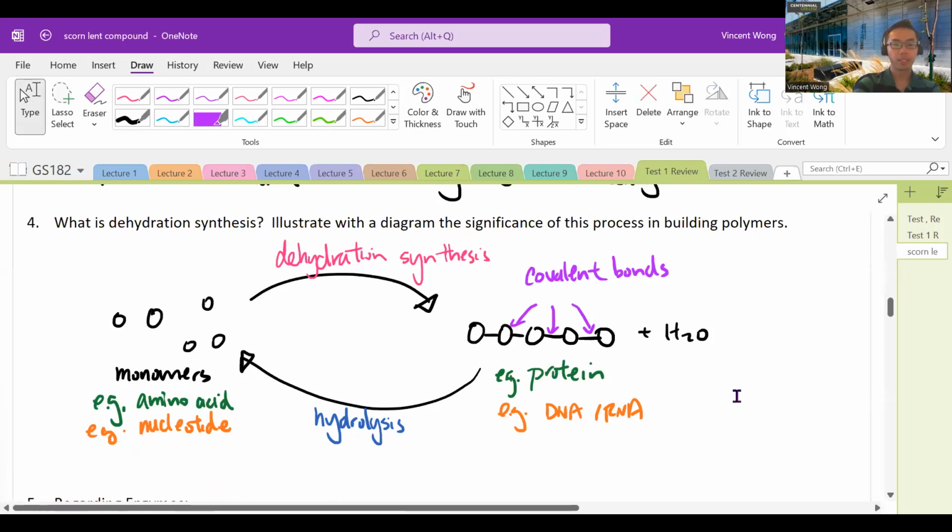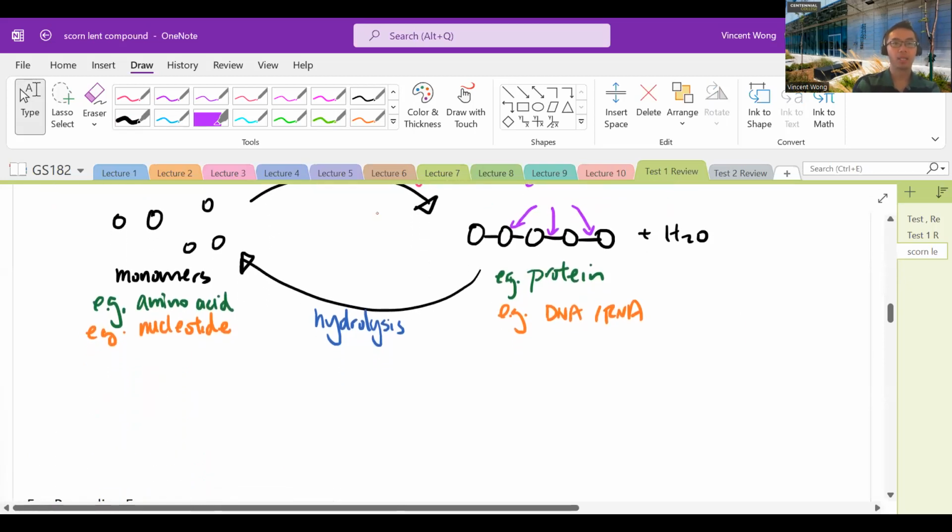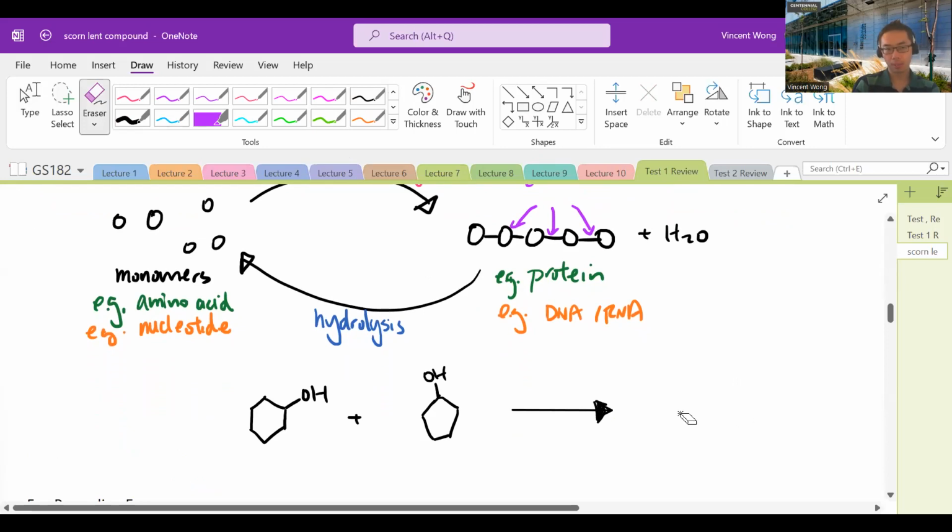All right, and we did a question in lecture 2, right? If I have, let's say, a 6 carbon ring structure here with an OH, and then we add it to a 5 carbon ring structure with an OH, and I say, let's connect them together through dehydration synthesis. What's going to be the product?